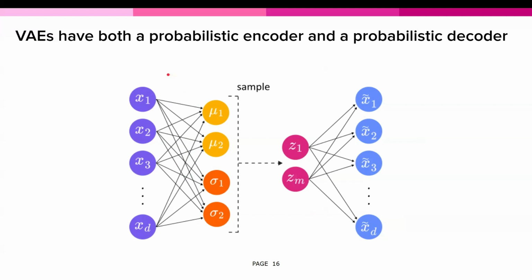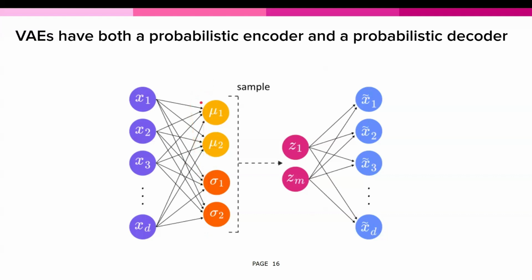On the left, the input data, with dimension up to XD, is passed to the encoder network. Then instead of mapping each input to a single deterministic point in the latent space, the encoder produces two outputs for each dimension of the latent variable: a mean mu and a standard deviation or variance sigma.